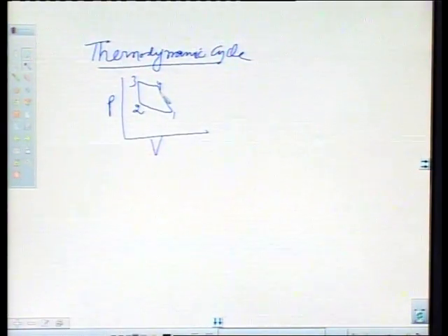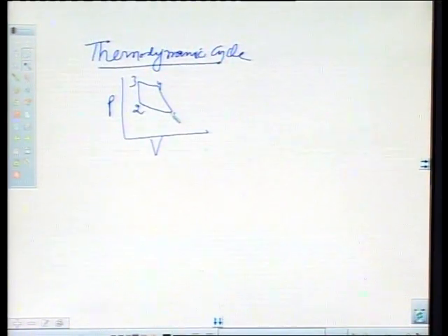So, a thermodynamic cycle is concerned with a number of processes: 1 to 2 is one process, 2 to 3 another process, 3 to 4 another process, 4 to 1 another process. That means a cycle is a combination of processes in which the working fluid works and returns to its original position, that is the first point. Then we call it a thermodynamic cycle.